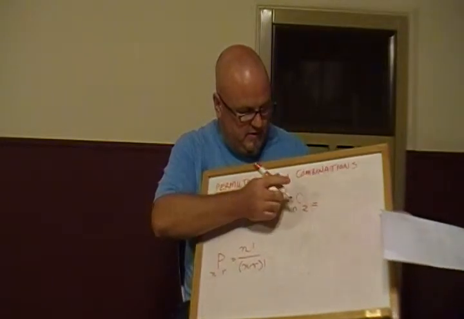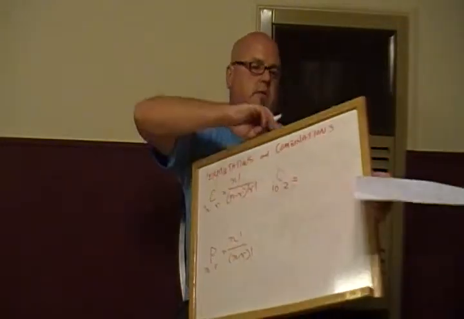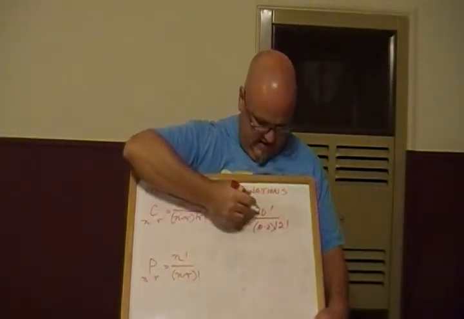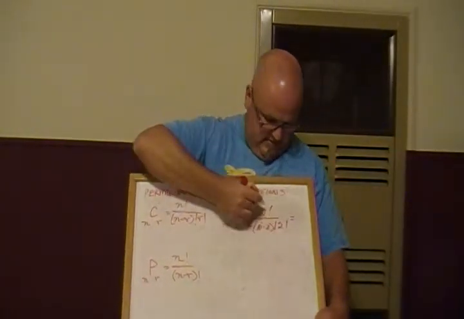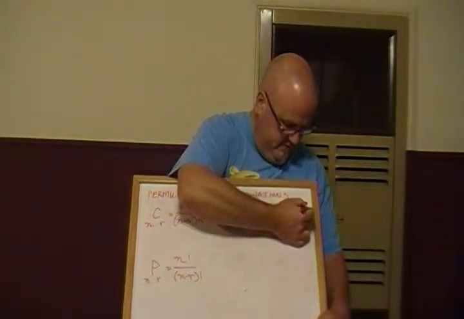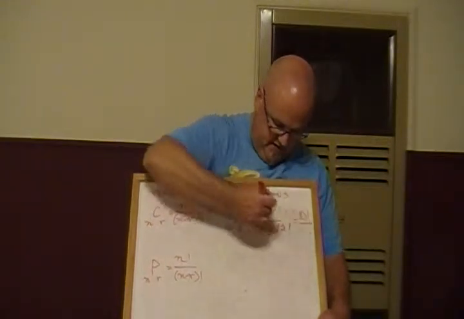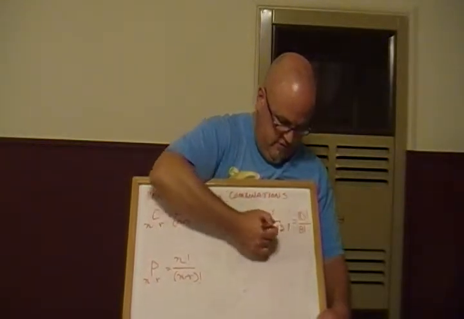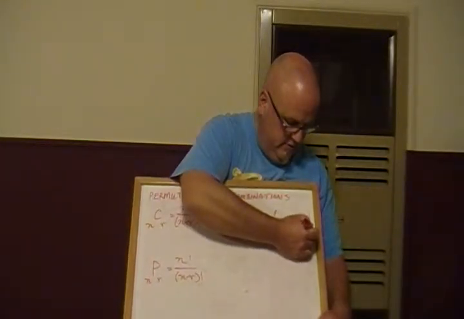I turn it around and write this out. So that's going to be 10 factorial over 10 minus 2 factorial times 2 factorial. That's the shorthand notation. And 10 factorial, I won't expand that yet. 10 minus 2, that's 8 factorial, and then a 2 factorial.